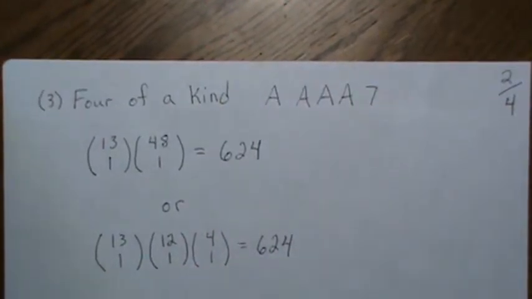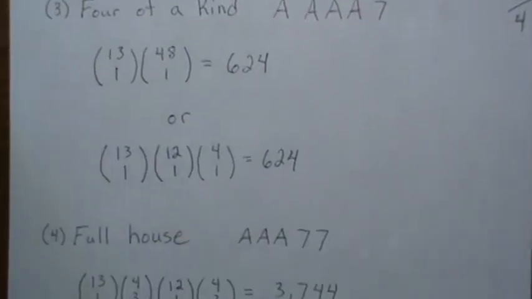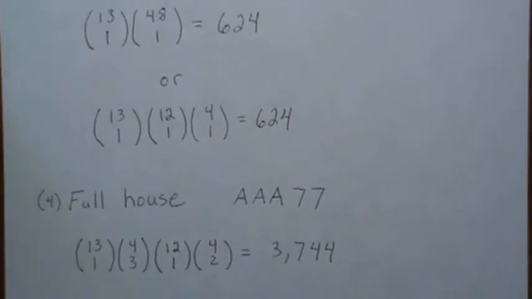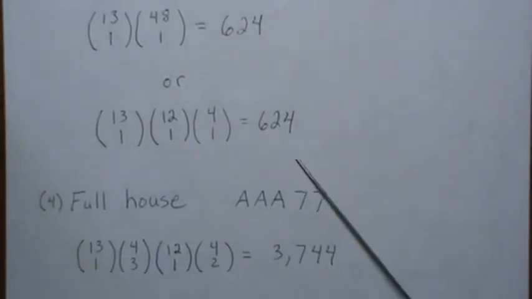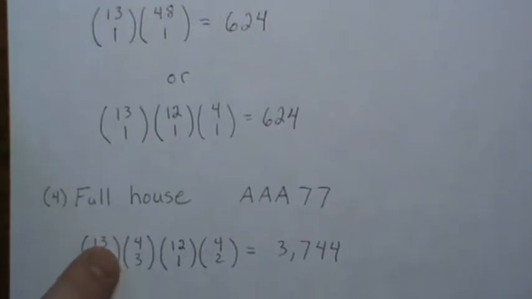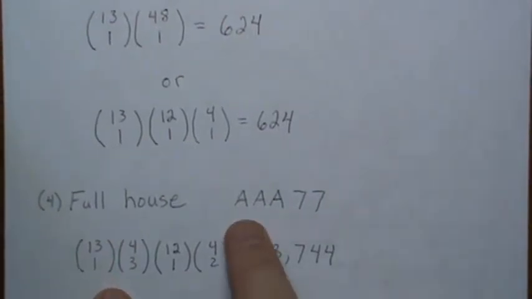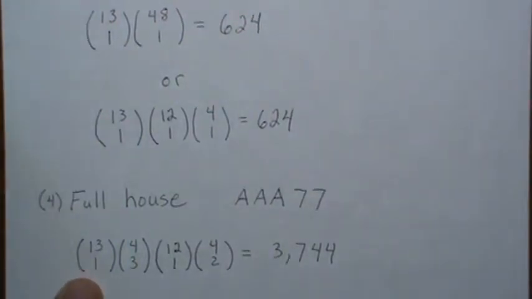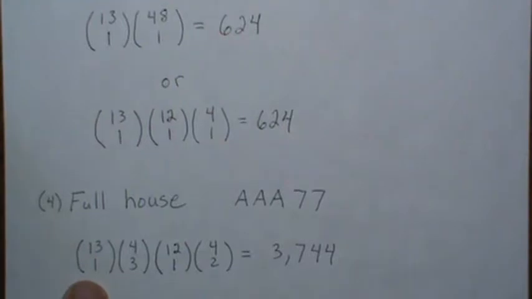So it's 624. Okay, so now the probability that we have a full house, that's 3 of one number and 2 of another number. So 3 and 2, called a full house. So what we do is this one is the number of ways to pick 3, and this is the number of ways to pick 2, and we don't care about the other cards. So the way that you think about it is you randomly grab a column.